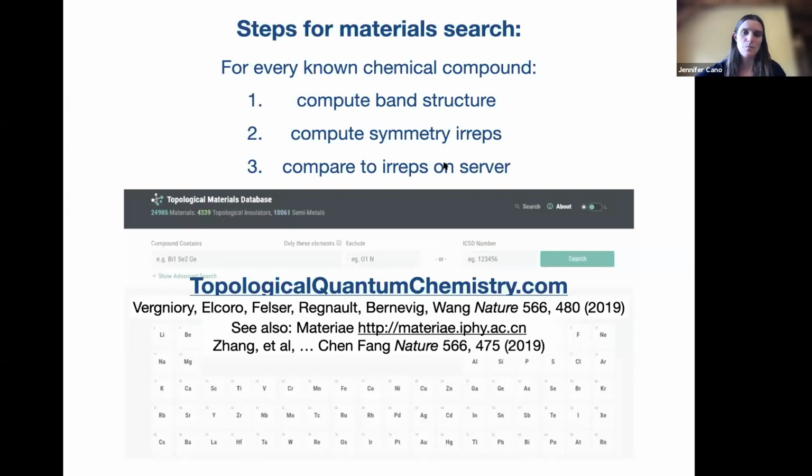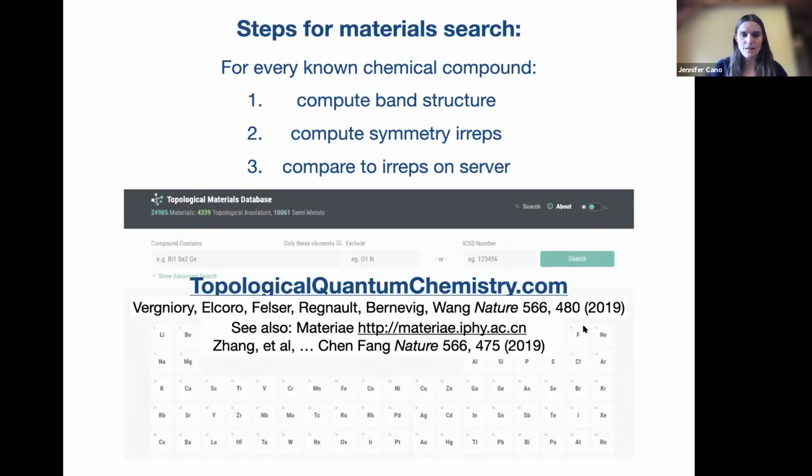This is a massive project which was led by Maya and also Andre, completing this task. And this is the content of the website, topologicalquantumchemistry.com. There's also a parallel website called Materia, which is led by Chen Fang's group, which does the same thing. If you're interested in this, you can check out these websites.